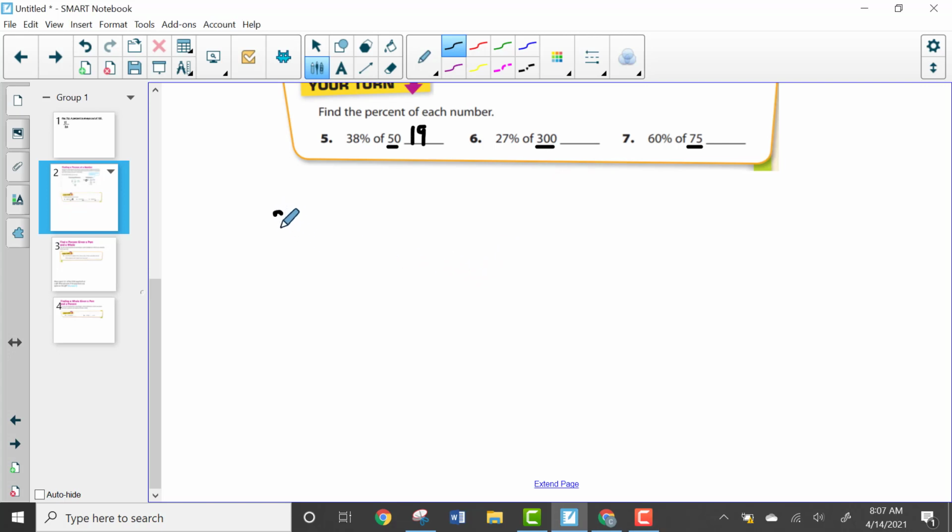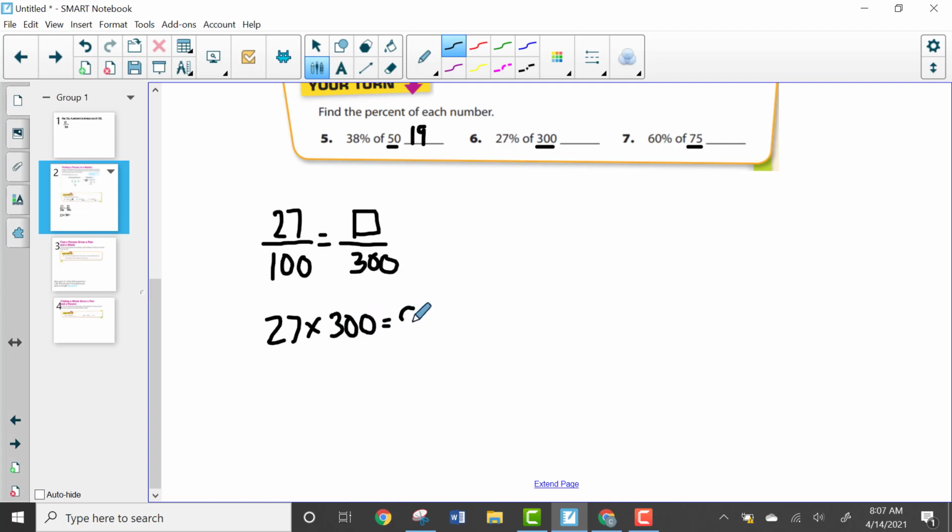I want you to write this out with me. So we have 27% of 300. So we write 27 over 100 is going to equal something over 300. So my first step, whenever we set it up like a proportion, we cross multiply. We've done this a lot. 27 times 300.